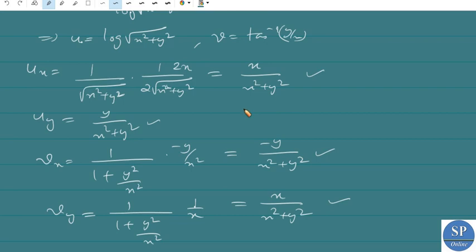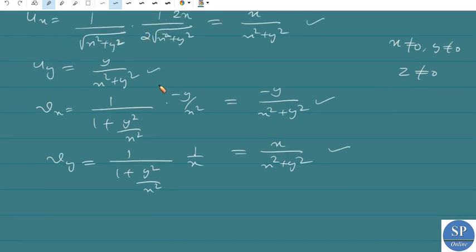This holds if x square plus y square is not equal to 0, that is if x is not equal to 0 and y is not equal to 0. Okay, that is if z is not equal to 0. So the Cauchy-Riemann equations are satisfied in the domain D, because we excluded this branch cut from the origin.